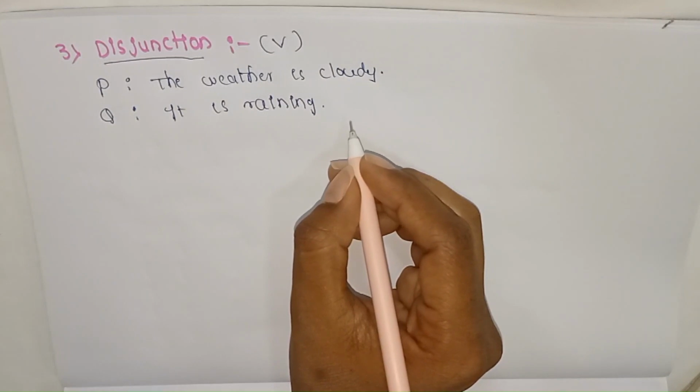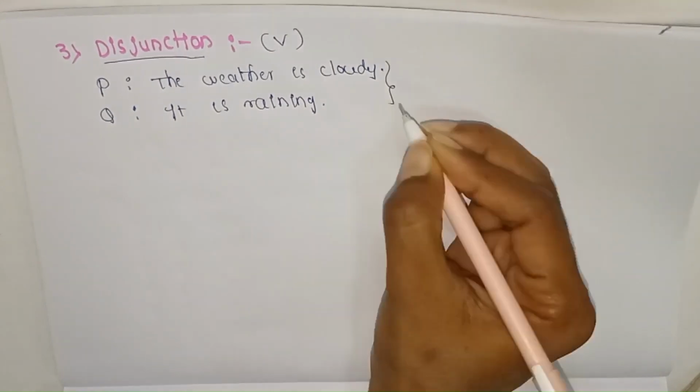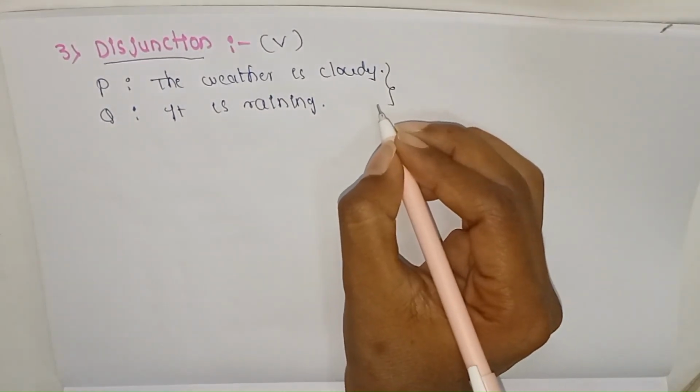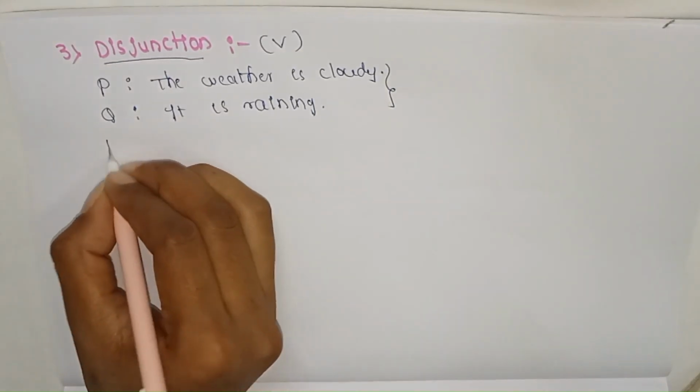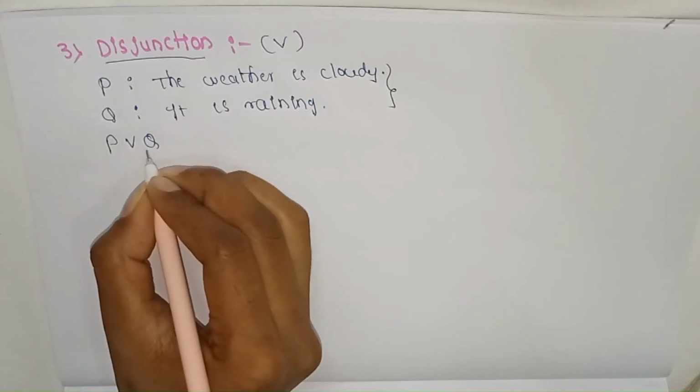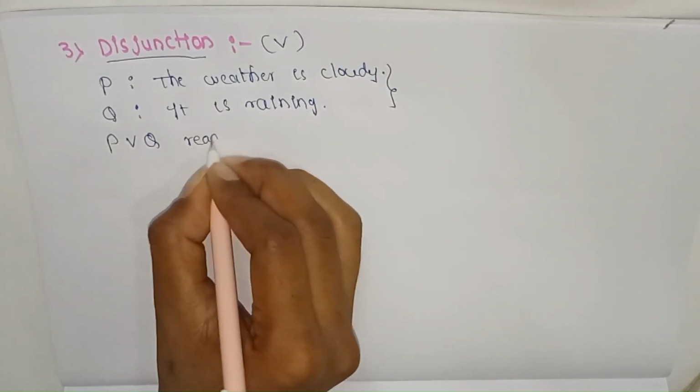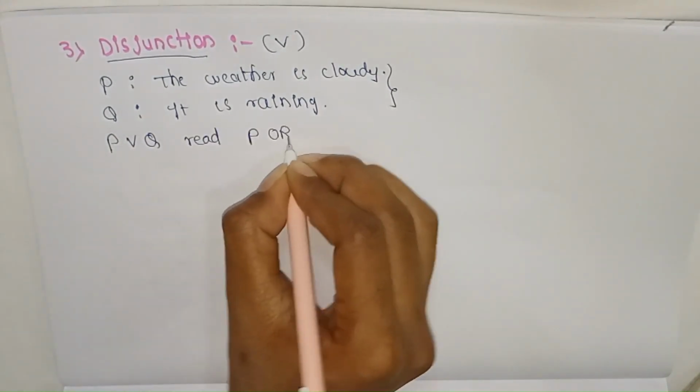Let us apply the OR operation to these two statements. First, let us understand what the OR operation is. Here, P disjunction Q is read as P or Q.